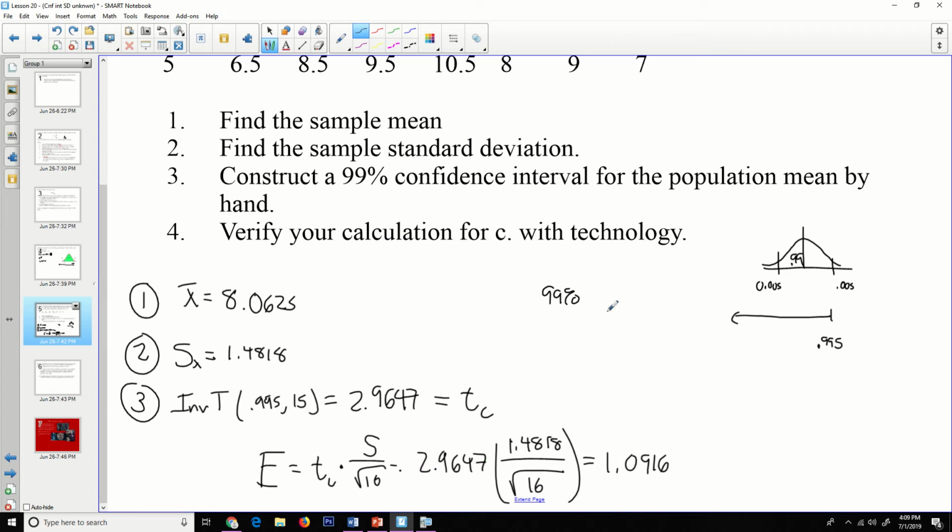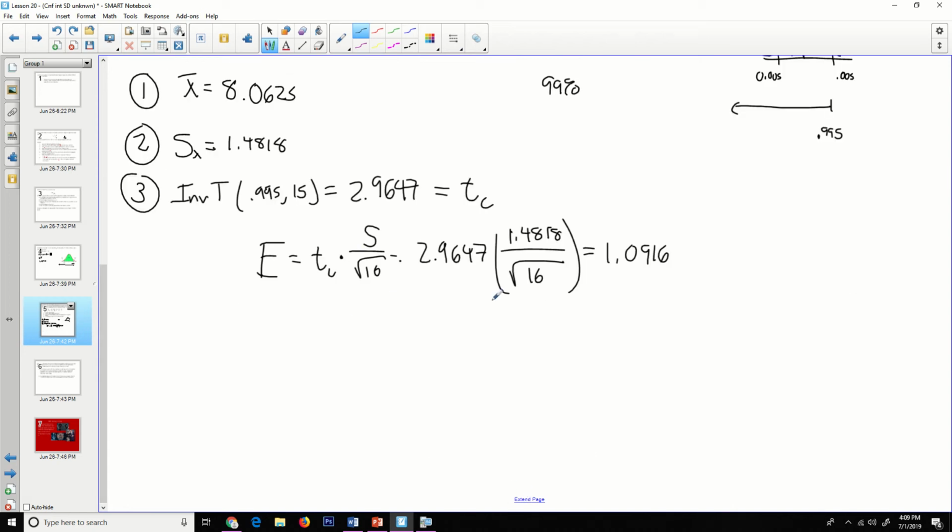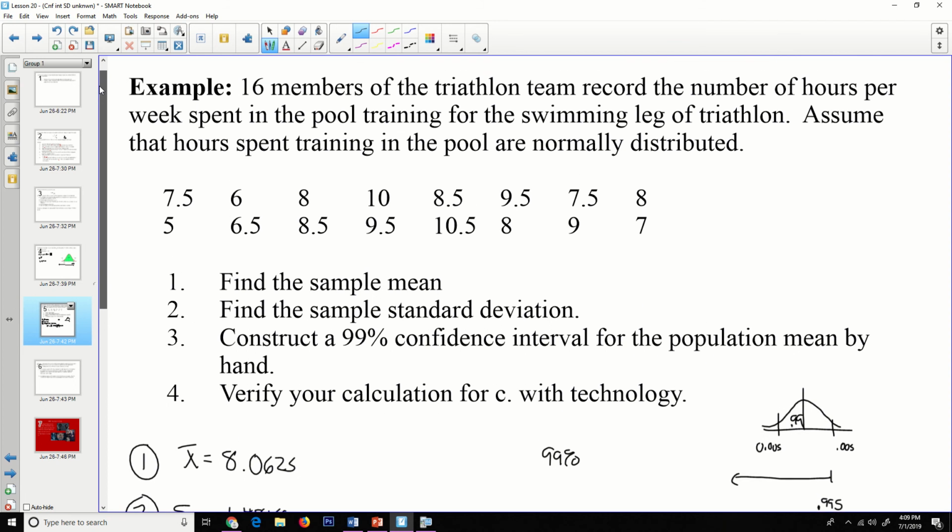And so now we're going to extend the page a little bit. We're going to take our mean value. Did they give us a mean? Nope.